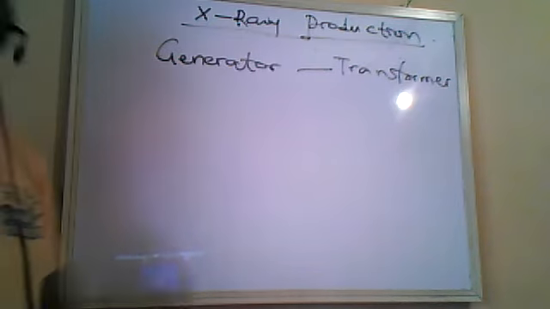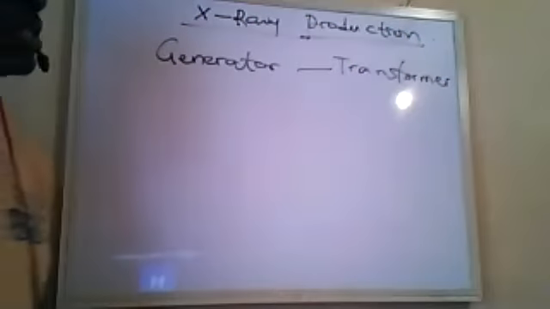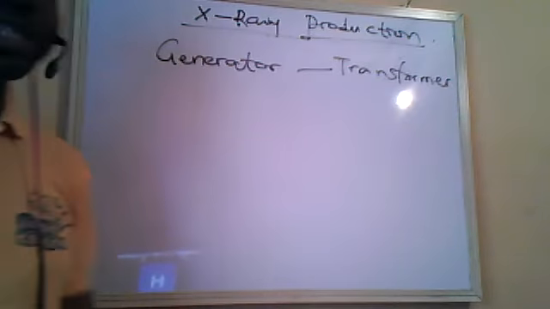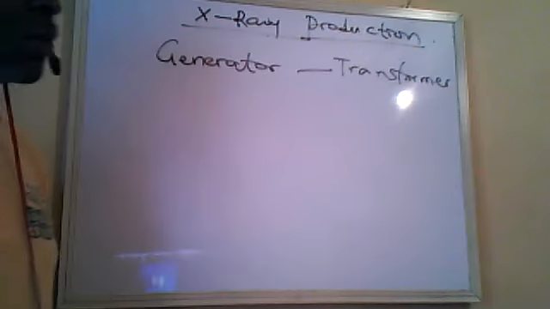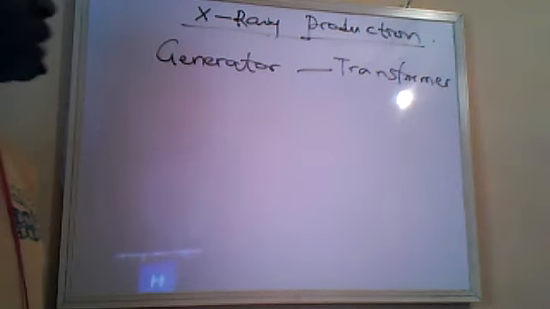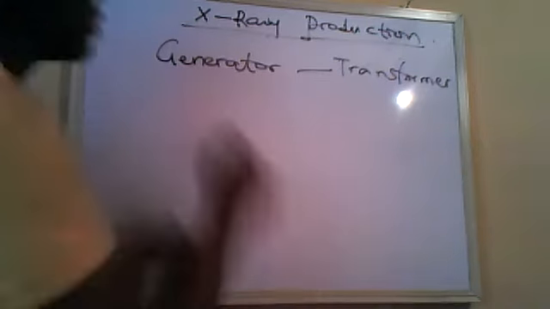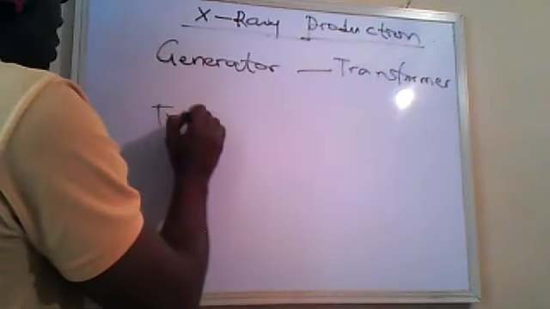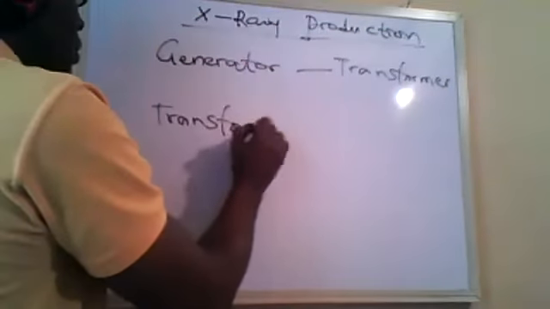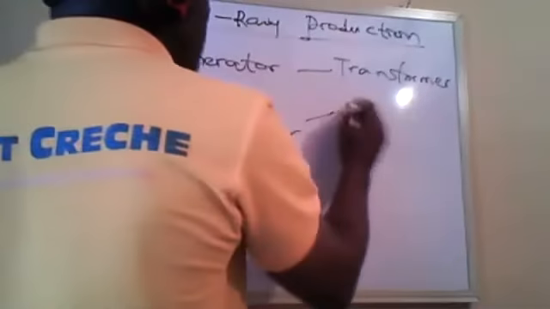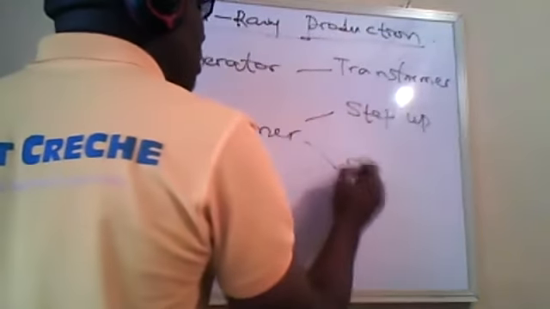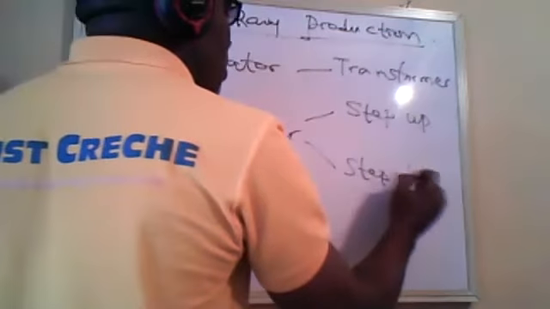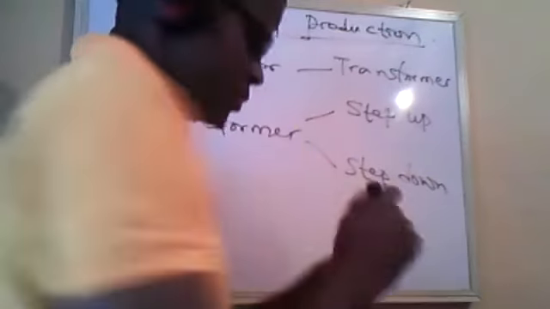If you have a lower voltage, it can be stepped up to a higher voltage. In X-ray tubes, what we have is the step up transformer. So we have two types of transformers: step up and step down.